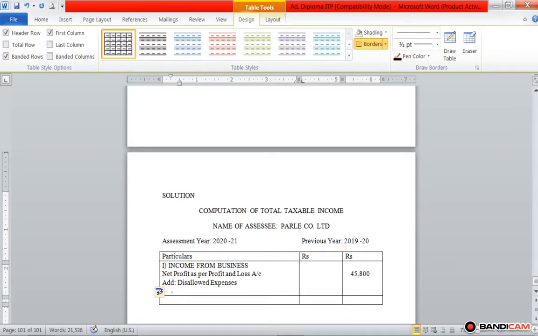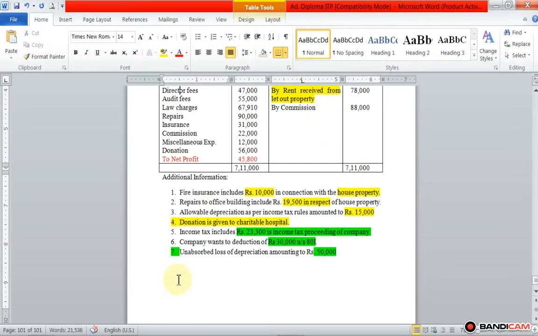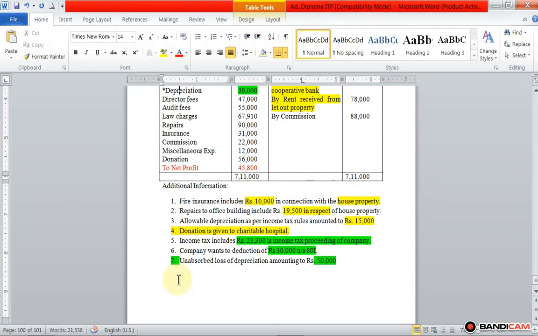We find the disallowed expenses: municipal tax, repairs.